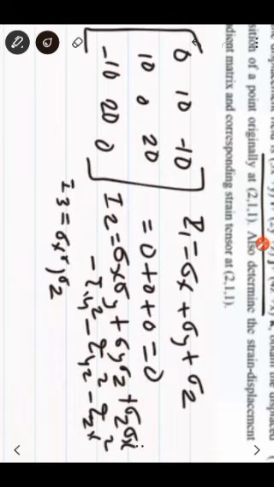So this is not sigma 1, sigma 2, sigma 3. For sigma 1, sigma 2, sigma 3 you don't put tau.